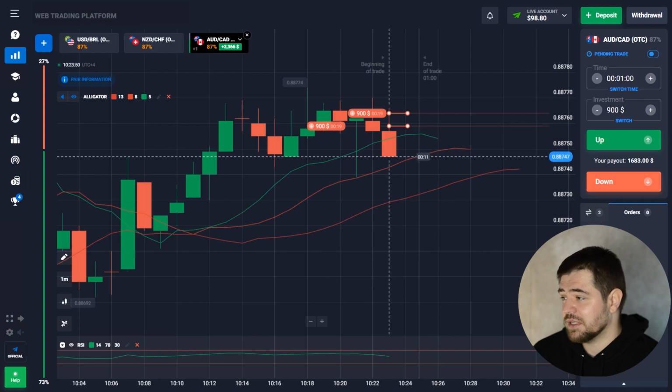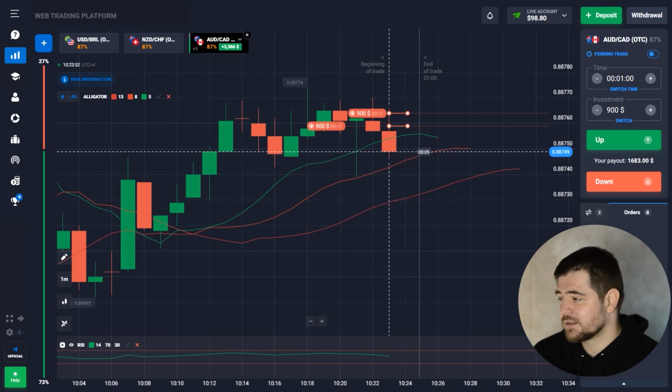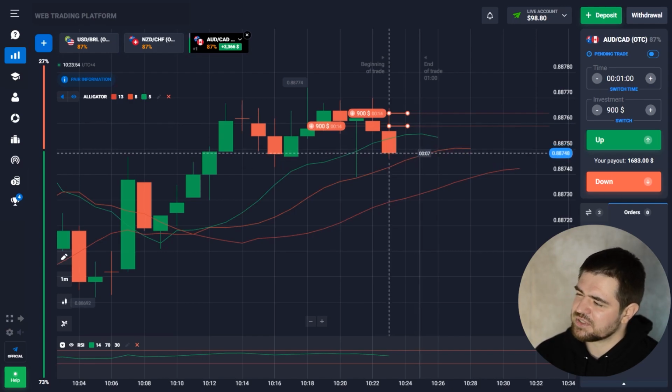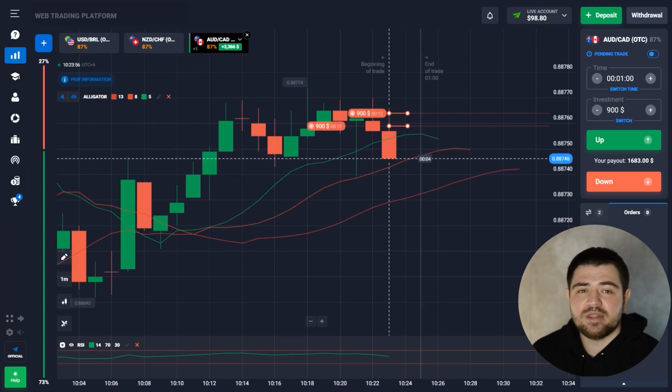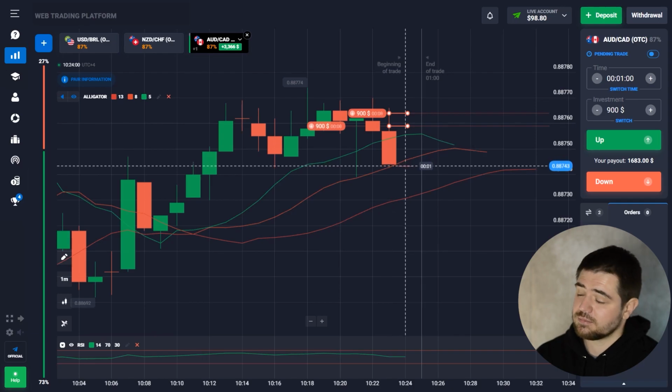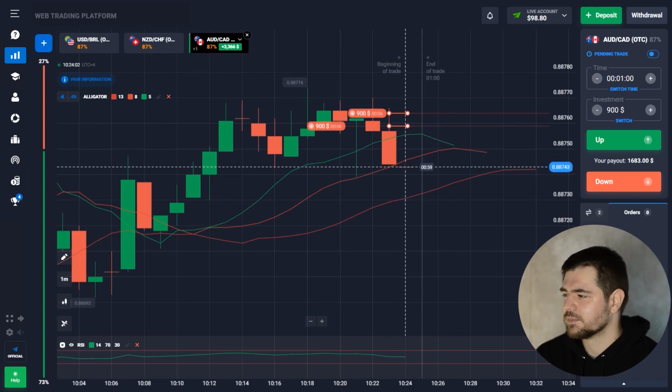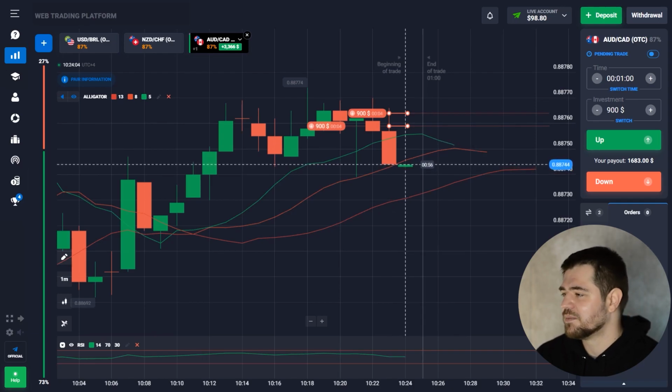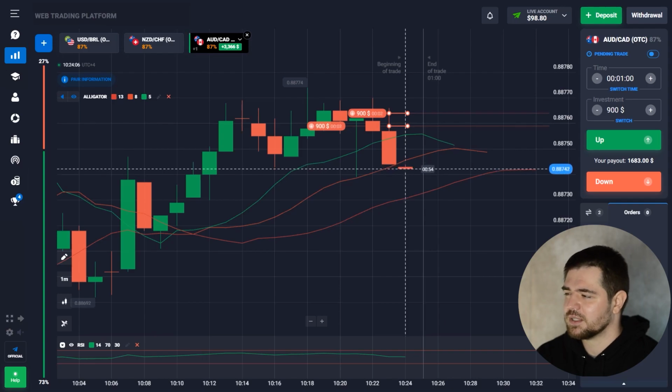It will probably try to repeat some of the patterns because it's rhythmic. It's got a rhythm. Sometimes it's arrhythmic. It happens, but most of the time there is a rhythm.